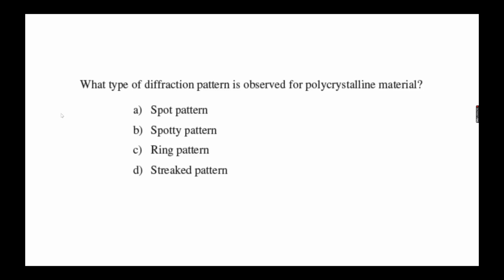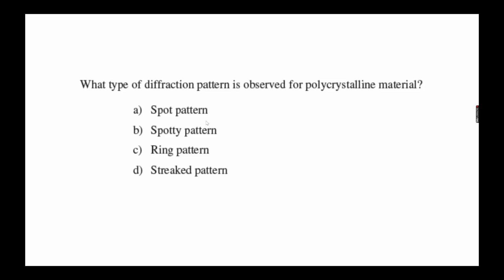If you have seen the lectures, there will be some diffraction patterns. This also depends on your material, whether it is a polycrystalline or a single crystalline material. If there is a change in the crystallinity of your material, there will be a change in the diffraction pattern also.